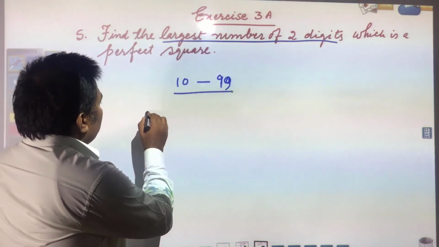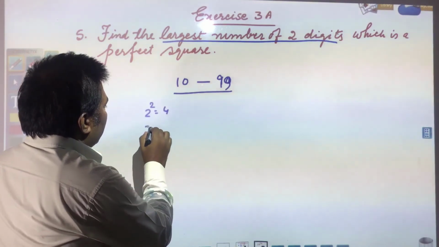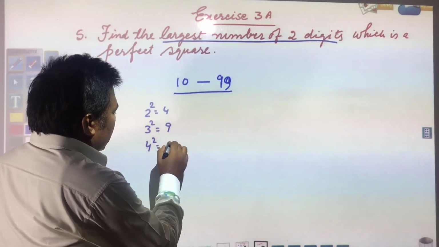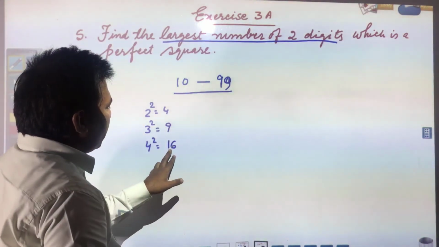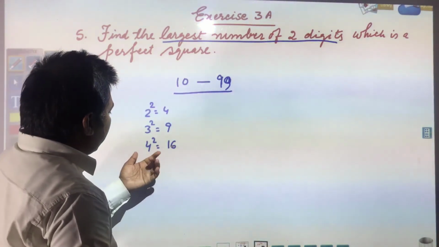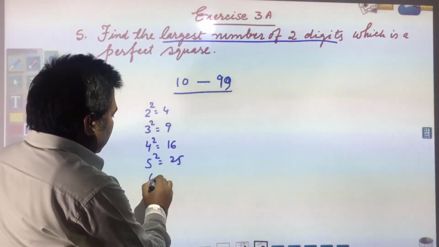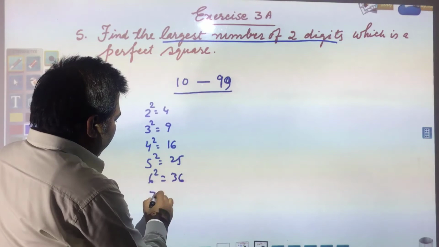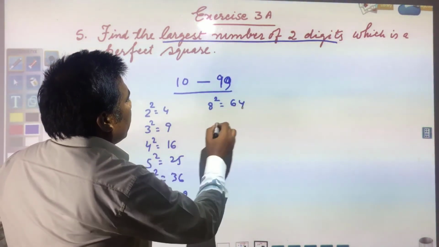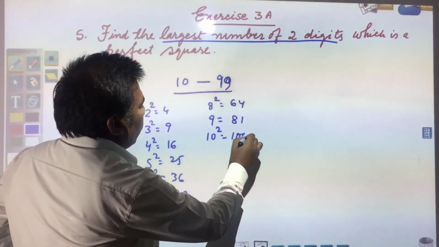Just you see, if you are squaring 2, you get 4. So, this is one digit number. 3 square is 9, one digit number. 4 square is 16, two digit number, but this is the smallest one. So now you find out the squares: 5 square is equal to 25, 6 square is equal to 36, 7 square is equal to 49, 8 square is equal to 64, 9 square is equal to 81, 10 square is equal to 100.